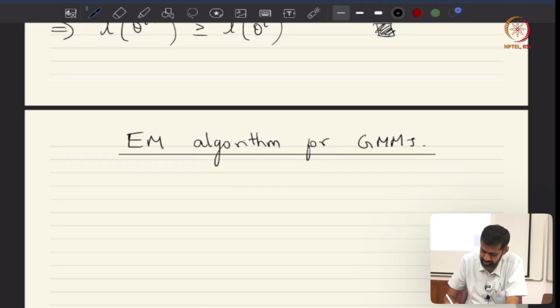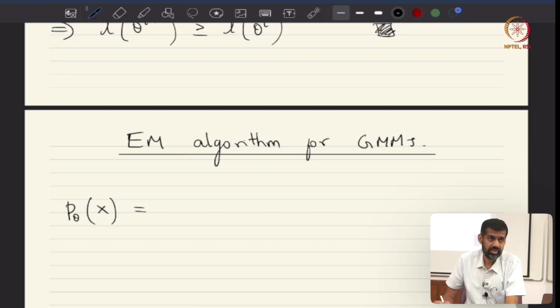So for a GMM, first of all, P theta of x is what we need. Now recall that for a latent variable model, P theta of x is given as the marginal over the joint distribution between x and z, correct?